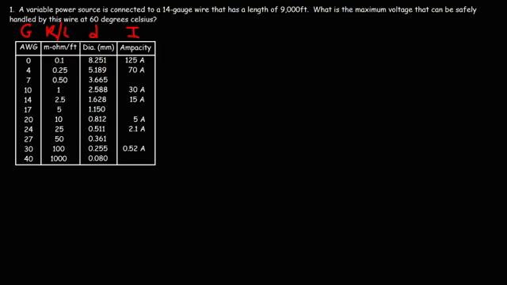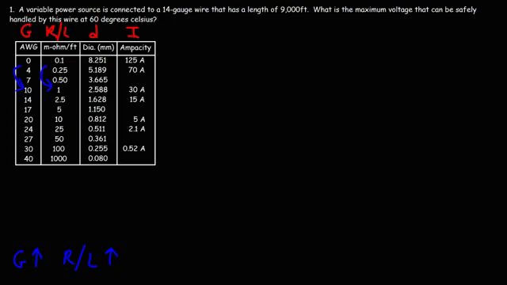Now the first thing that we can focus on is the relationship between the wire gauge and the resistance. As was mentioned before, as the wire gauge number increases, the resistance per unit length increases. But notice that when it increases by 3, the resistance doubles.